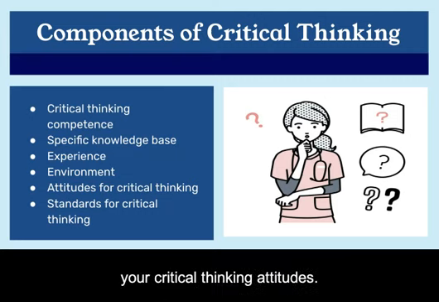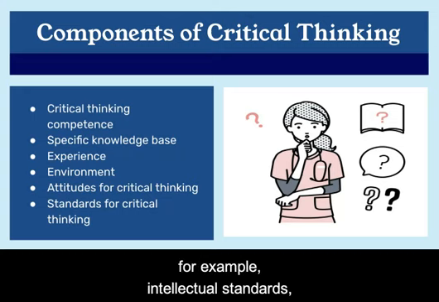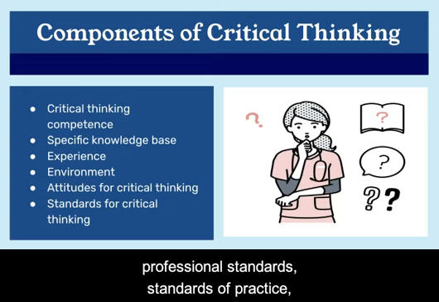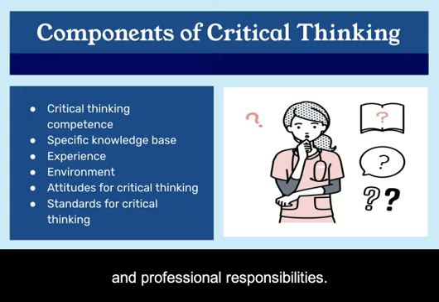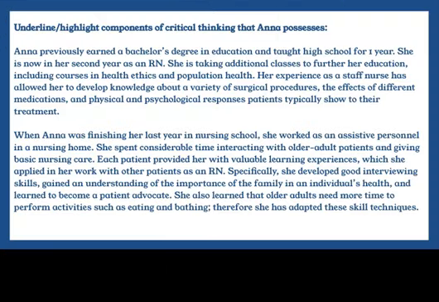That can affect your critical thinking. Attitudes for critical thinking. What are your attitudes? Then we have standards for critical thinking. For example, intellectual standards, professional standards, standards of practice, ethical standards, criteria for evaluation, and professional responsibilities. So all of these are components of critical thinking for nurses.